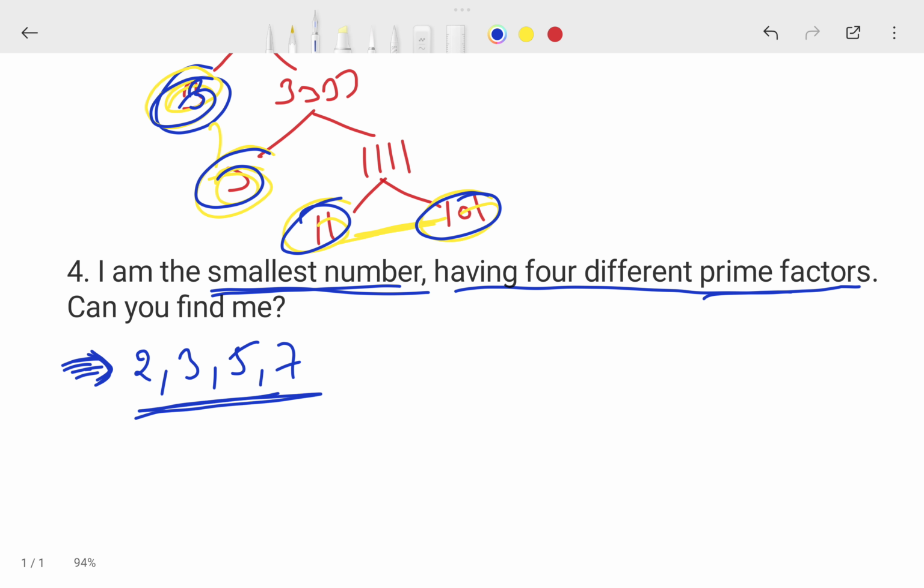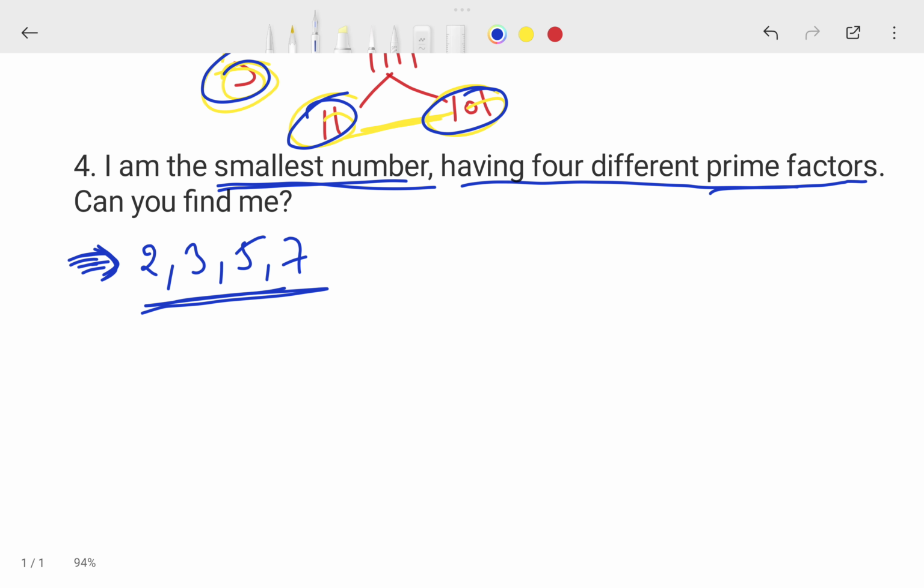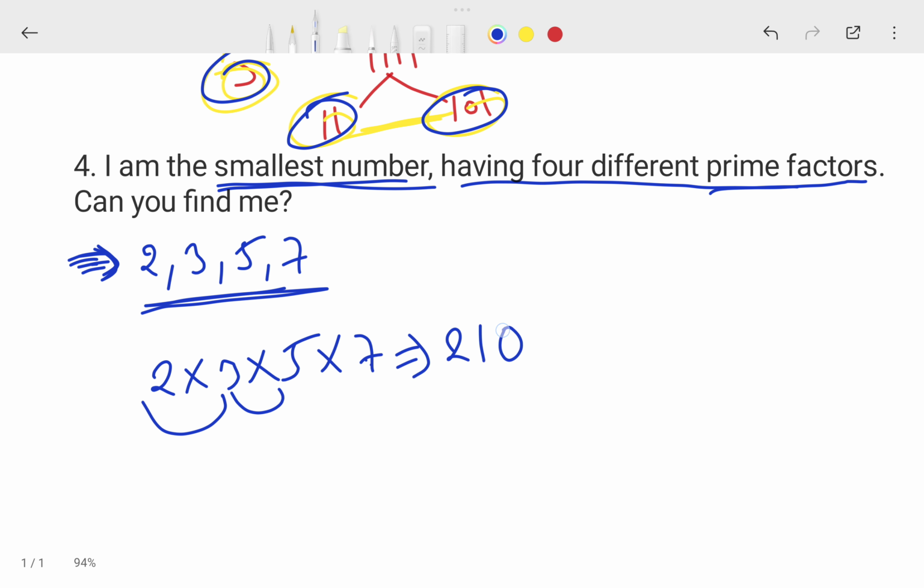Okay, right. So what you can do here is multiply them. Then you will get 2 into 3 into 5 into 7. When you multiply 2 into 3, that is 6, 6 5s are 30, and 30 7s are 210. So this is your answer.